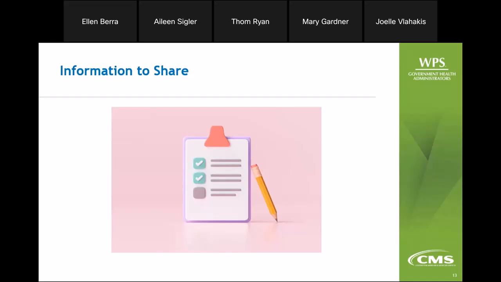Another thing we want to encourage you about, and CMS is really encouraging providers to do this, is to provide the cognitive assessment and care plan for those patients who exhibit cognitive dysfunction during your encounters. Also in the chat function, we placed a CMS website where you can find more information on this particular service.